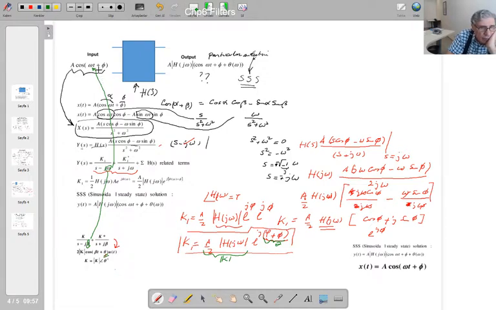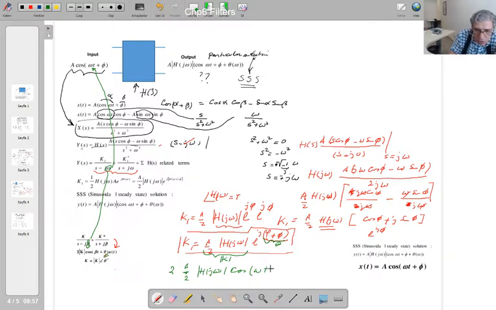frequency, isn't it? So if I write now the output, it's going to be t times, that was K modulus, multiplied A over 2 H(jω) modulus, and then cos, beta was ω, so ωt plus theta.